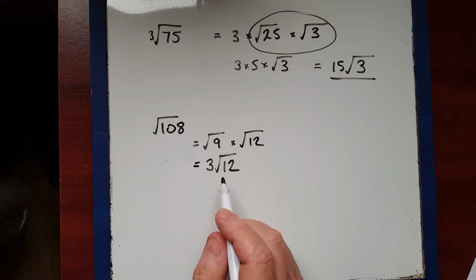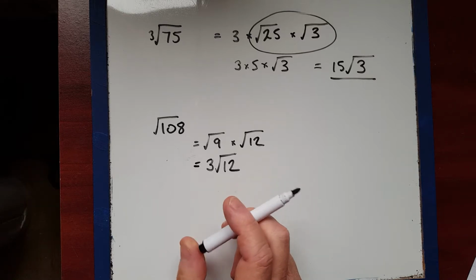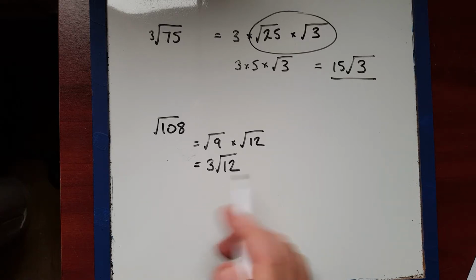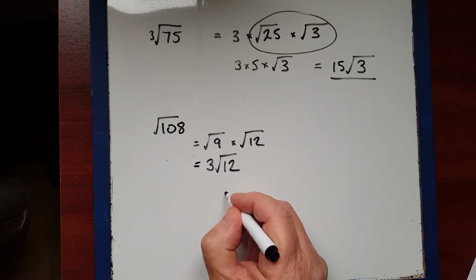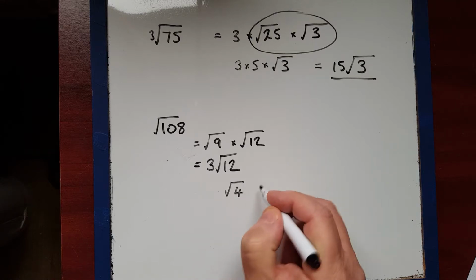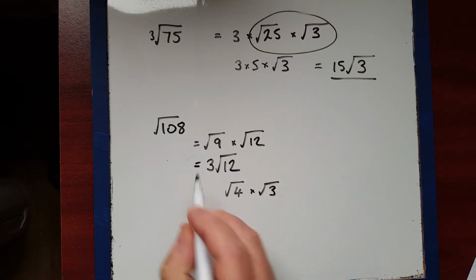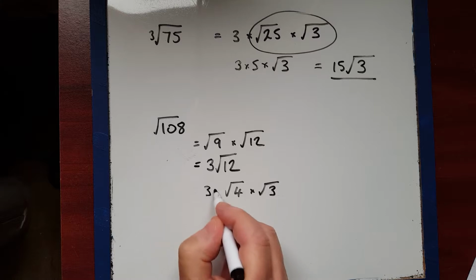The clue would be in the question if it says fully simplify. It's usually a little clue that getting to here will get you a mark, but it won't get you full marks. So the square root of 12 is the same as the square root of 4 times the square root of 3. We've already got in front of it 3 times that lot.